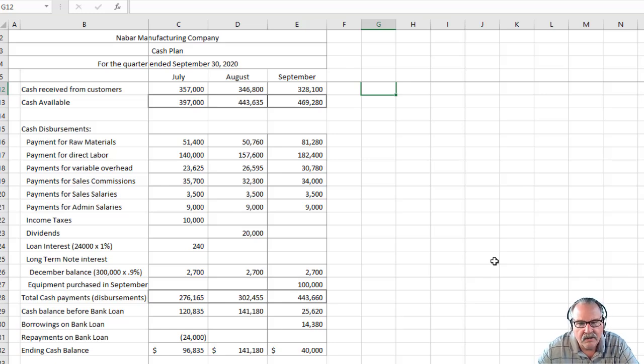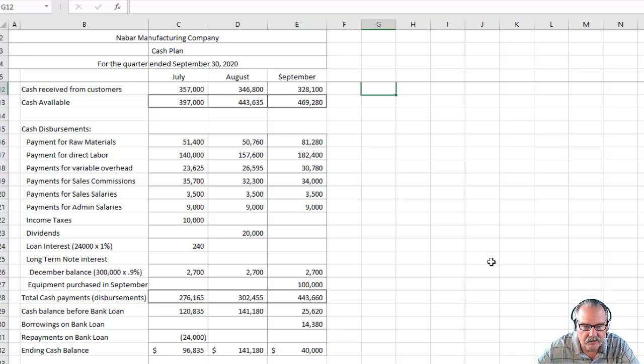The cash available is $469,000, which means that after all of that, we will have $25,620 in our bank cash account. But they've told us they don't want to go below $40,000. So that means we're going to have to borrow $14,300 from the bank in order to get our balance to be $40,000.